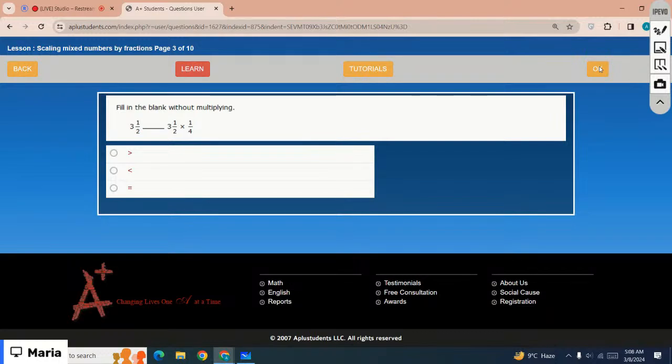The correct option is greater, right? Because now 3 whole 1 by 2 is the first, so that would be greater than 3 whole 1 by 2 times 1 over 4. Got it?